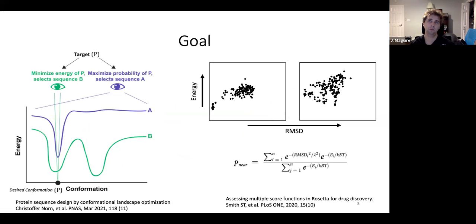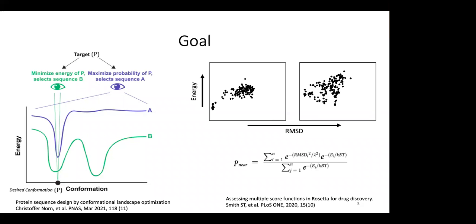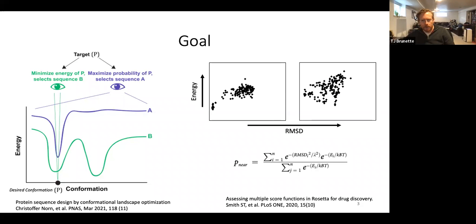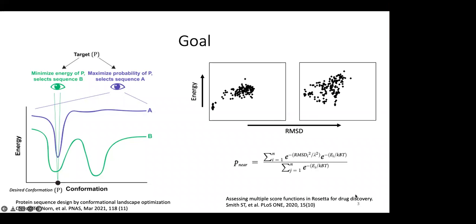I don't know exactly which paper. Let's see. It's buried in protocols. So I believe it's protocols, cyclic peptide predict, no, simple_cyclic_peptide_predict. It's from Patrick Conway from a long time ago. It's to measure how funnel-like a funnel plot is.